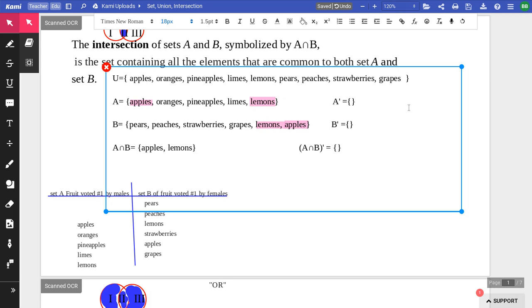You can look at the universe to see what's not in A. Pears are not in A, peaches are not in A, strawberries are not in A, and grapes are not in A.